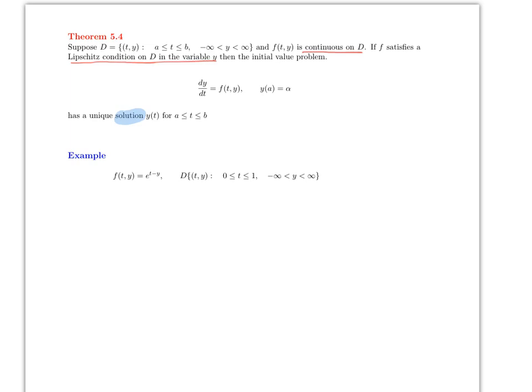Now you will see in a little bit that the opposite is not true, but if f of t and y is continuous on the set, and if f satisfies the Lipschitz condition, then you can guarantee that this initial value problem has a unique solution between a and b for the time.